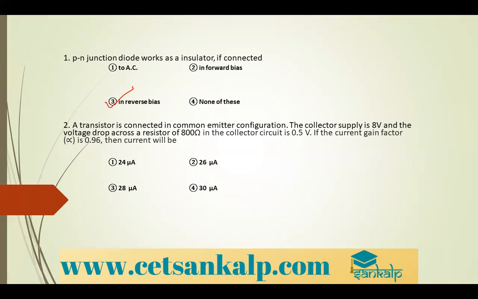If the current gain factor alpha is 0.96, then, okay, you have the formula that IB, current across the base, is equal to IC divided by IB. This is nothing but beta.